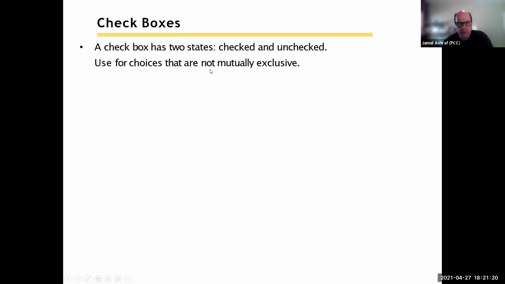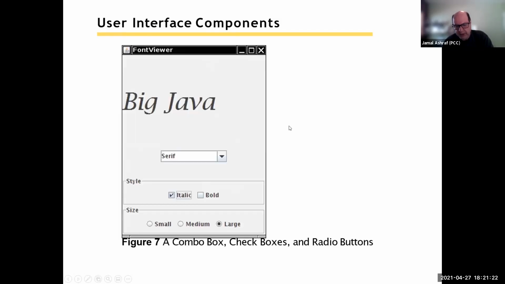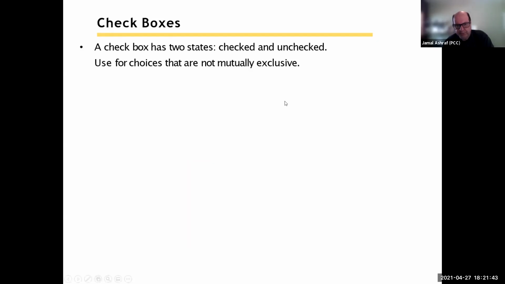Checkboxes in general are going to be displayed as a square. And those are the choices that you can have more than one of, as you know. And they don't have to be grouped because they are working independently. They don't have to be in the same group. So I don't need to group my checkboxes, but I do need to group my radio buttons.